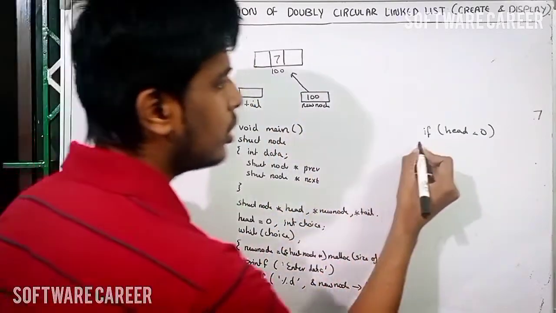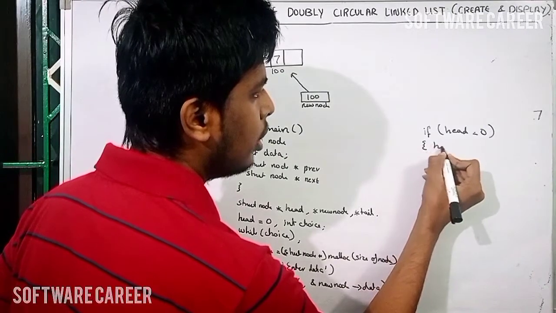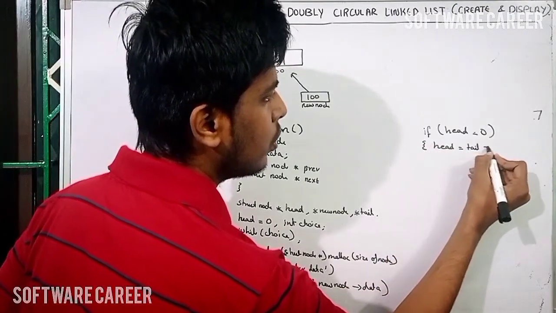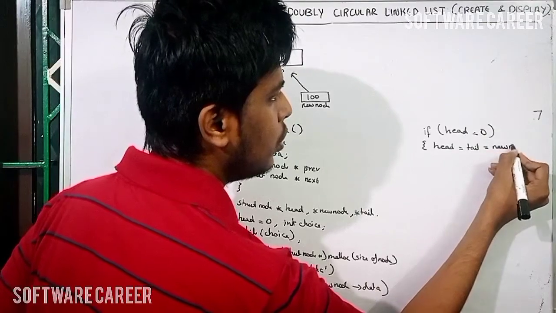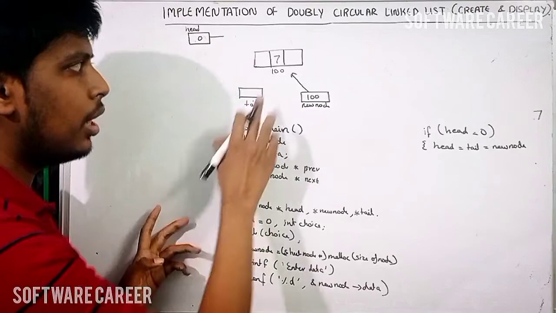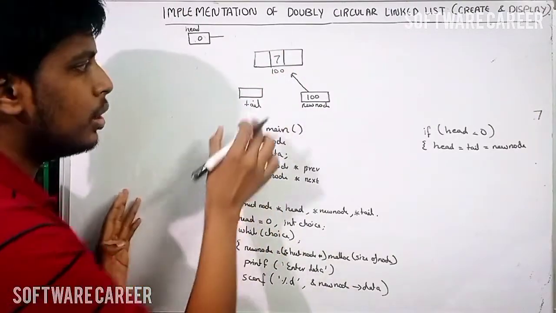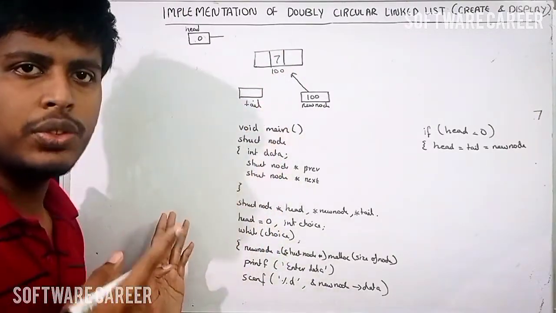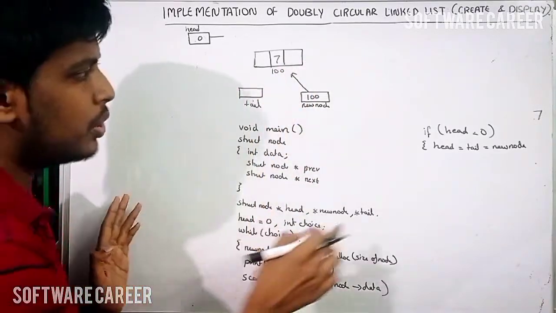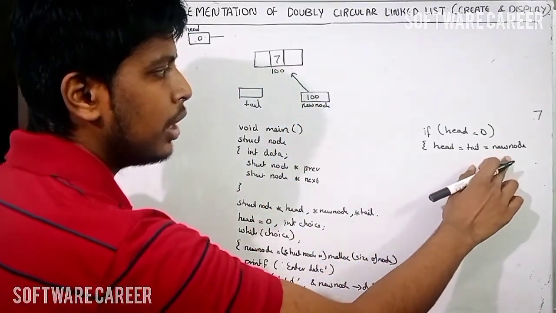So I am writing the code. See here. Head equals to tail equals to new node. I am also pointing this tail to this new node, because tail is a pointer which points towards the last node. Now this is the first node as well as the last node. Now head equals to tail equals to new node.